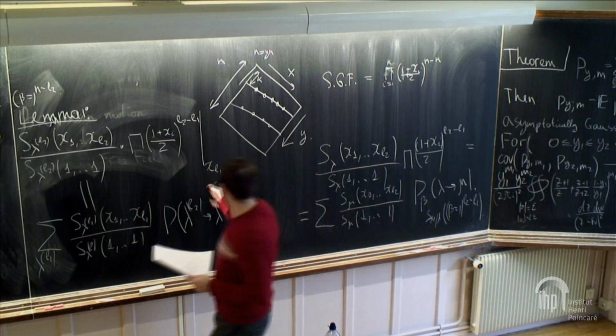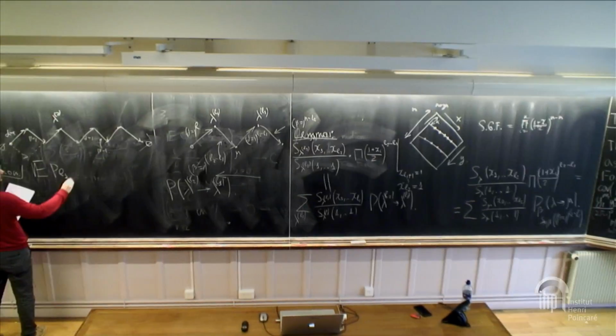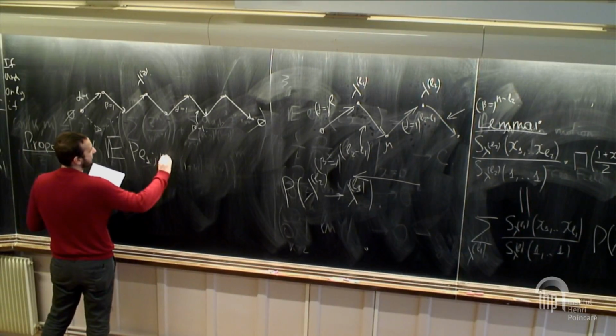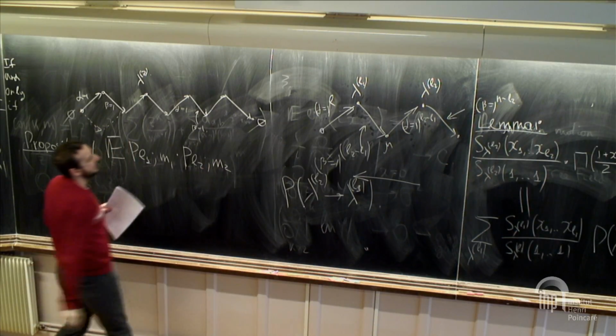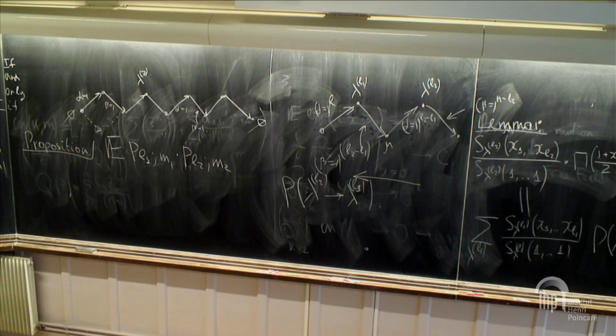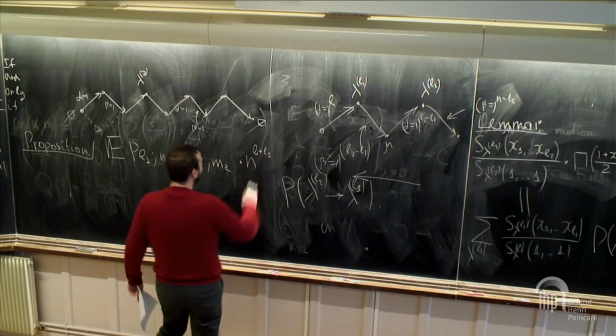Okay, now an important corollary of this computation. That's the main thing why I was discussing it at all. So let's call it a proposition. The corollary is that if you want to compute the expectation of P_{L1}^{M1} times P_{L2}^{M2}, multiplied by n to the power L1 plus L2.